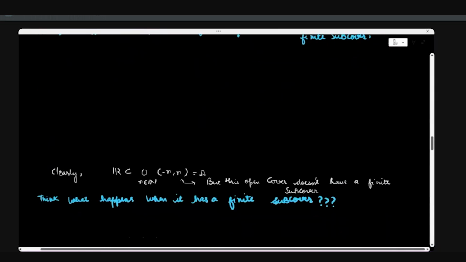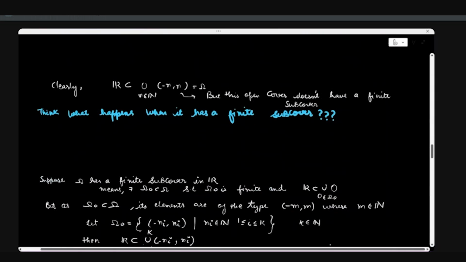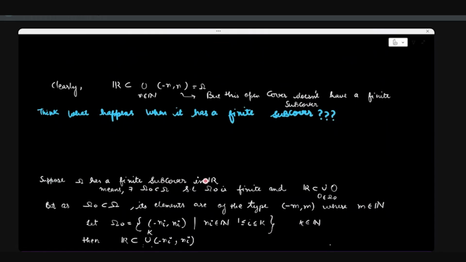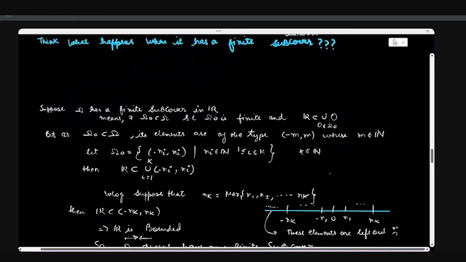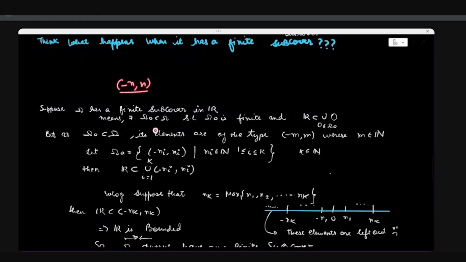My claim is that this open cover of the real numbers doesn't have a finite subcover. How do I prove that? I will assume that this open cover omega, the intervals of the type (-n, n), has a finite subcover of the real numbers.